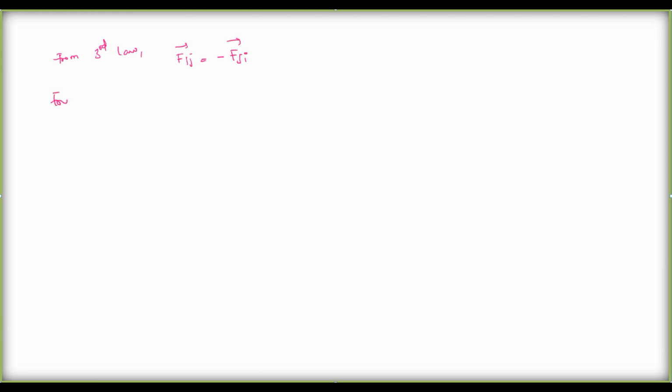From equation 7, it becomes summation i, summation j where i is not equal to j, Fij vector plus summation j, summation i where j is not equal to i, Fji vector, which is equal to 0.